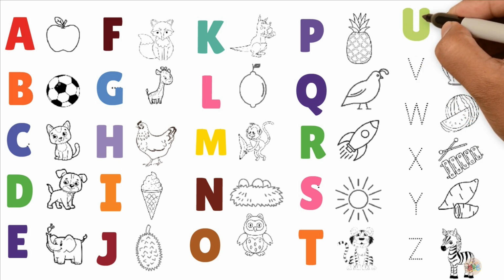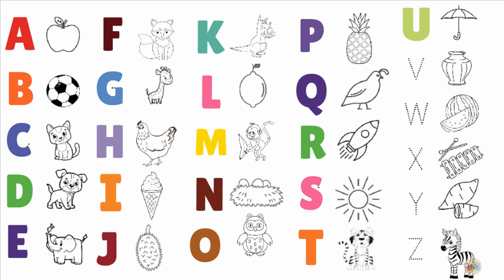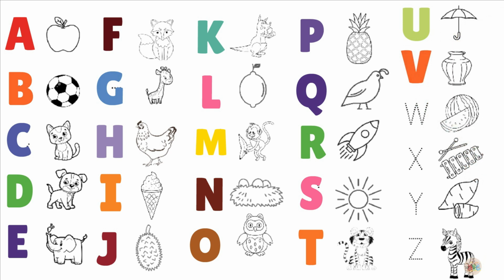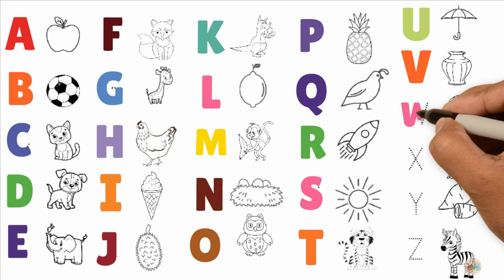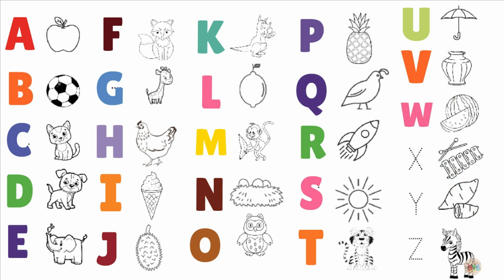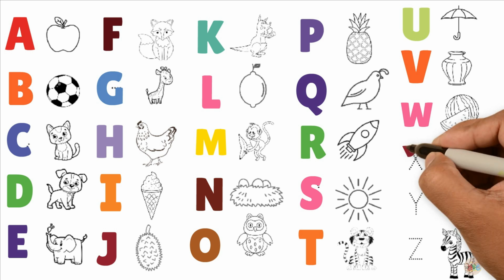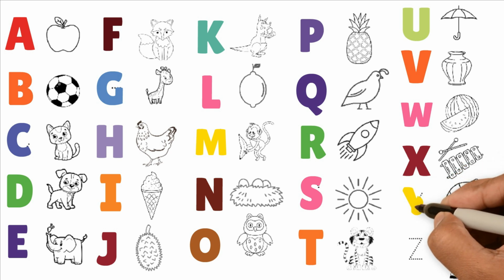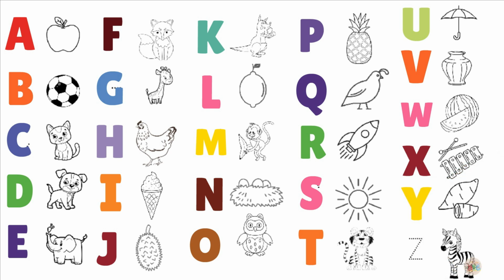U. U is for umbrella. V. V is for vase. W. W is for watermelon. X. X is for xylophone. Y. Y is for yam. Z. Z is for zebra.